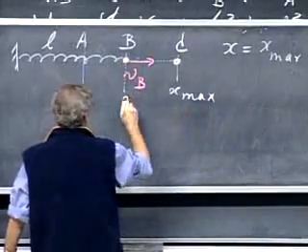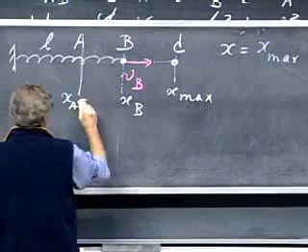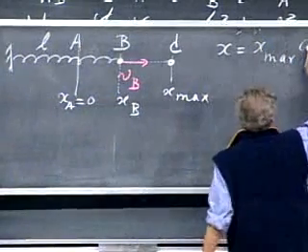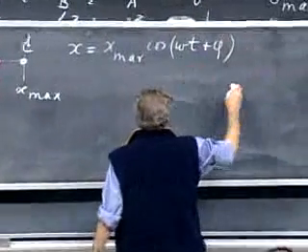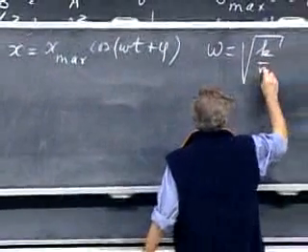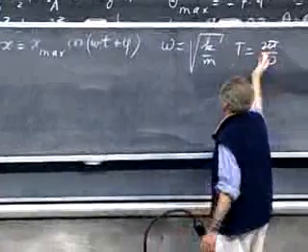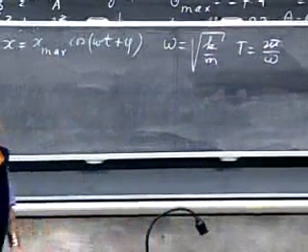This is going to be xB, and this is x of A, which is 0. So we're going to get x equals x max times the cosine of omega t plus phi. Same old story. It's getting pretty boring. Omega equals the square root of k over m, and T equals 2 pi divided by omega. These equations you will not see on your exam.